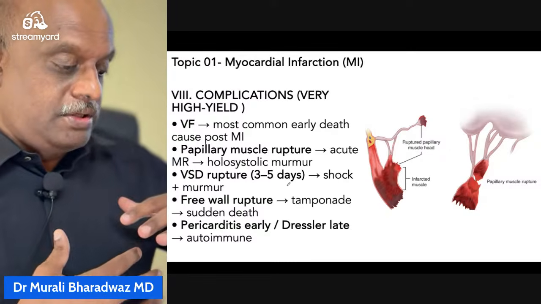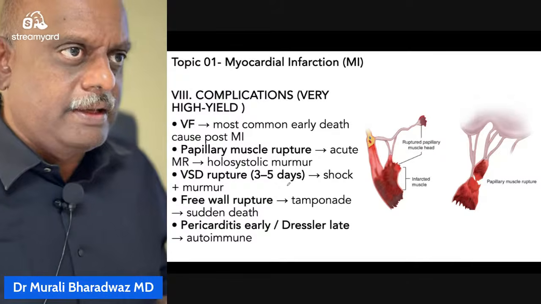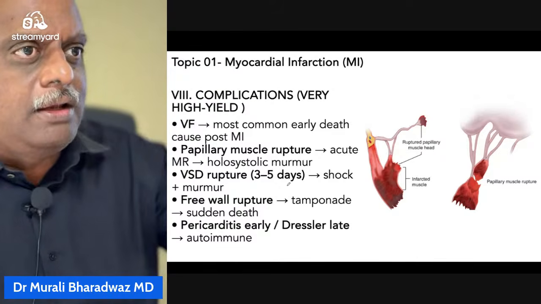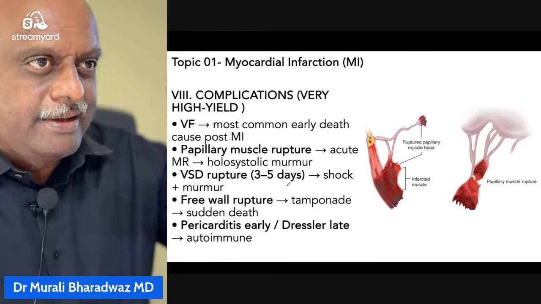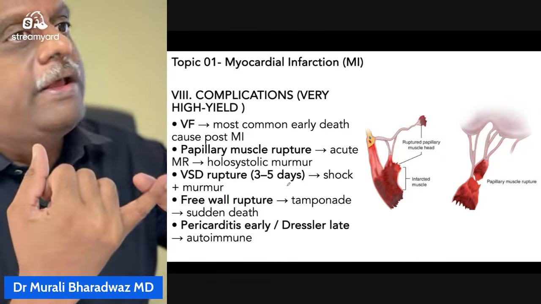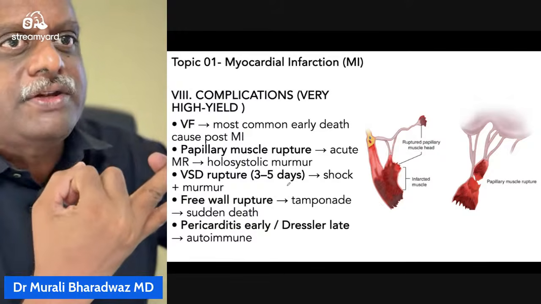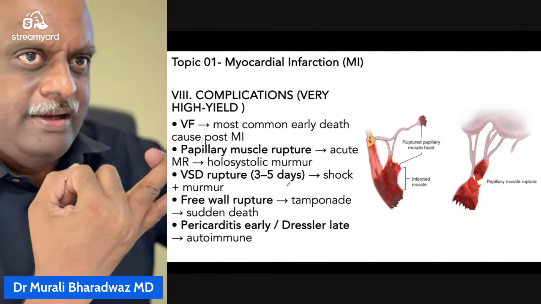Whenever there is a huge infarct of the free wall, the whole wall becomes thinned out due to ischemic necrosis. Remember, ischemia is decreased blood flow. Infarction is necrosis. Right?